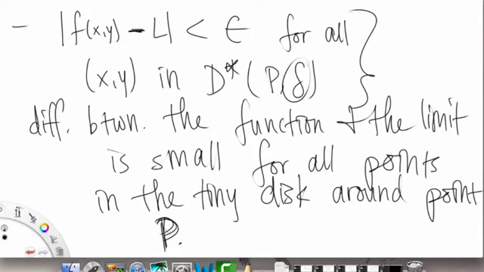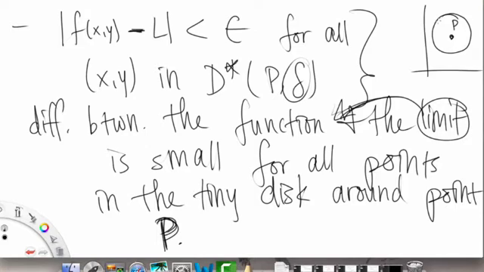It's just saying that the limit gets very, very close to the actual value of the function at point P for all of the points surrounding our point P. So, let's say point P was here. Here's point P, and this is the disk surrounding it with radius of this Greek letter symbol.